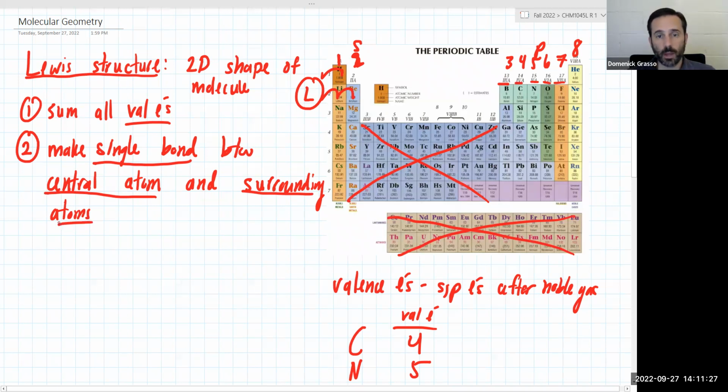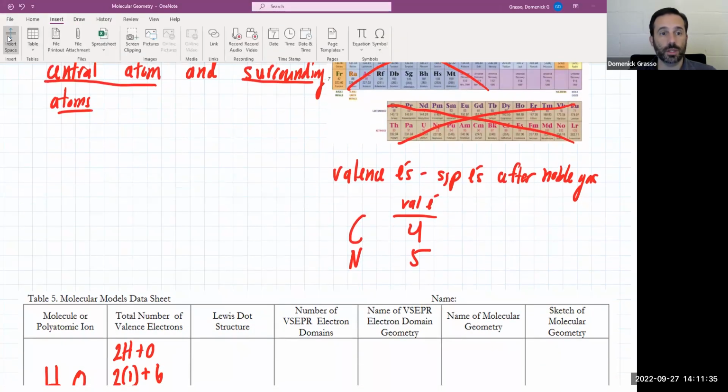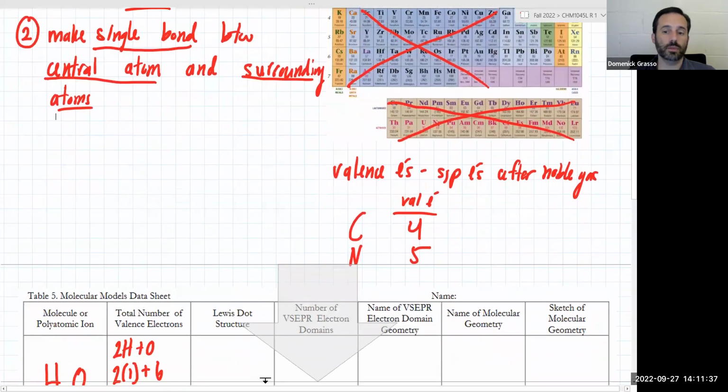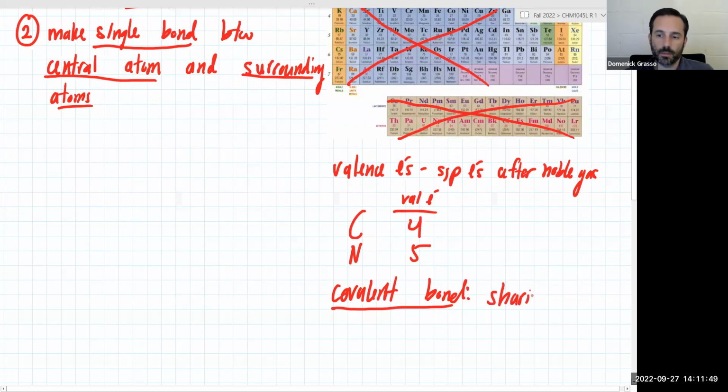Okay, when we're talking about bonds, bonds are a way that we represent atoms interacting with each other. If we have ionic compounds, they're just ions sticking together, so positive charges and negative charges. So we're not talking about that. We're talking about what are called covalent bonds. A covalent bond is the sharing of electrons.